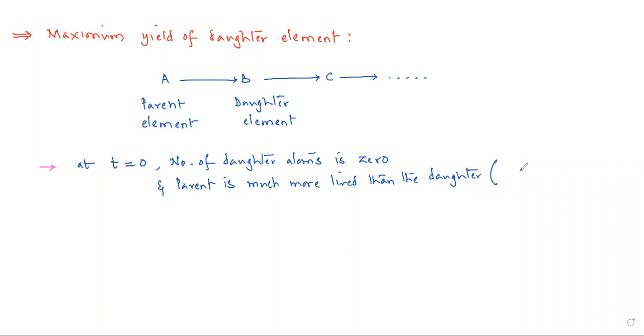Like you can use lambda A is less than lambda B. Because lambda and T half are inversely related, right? So if lambda is less for A, its half-life is more, that means it is much more lived.